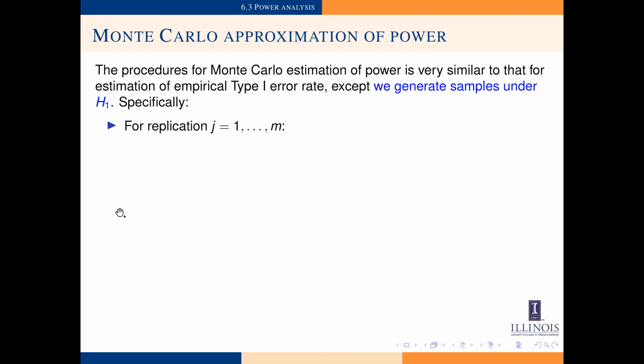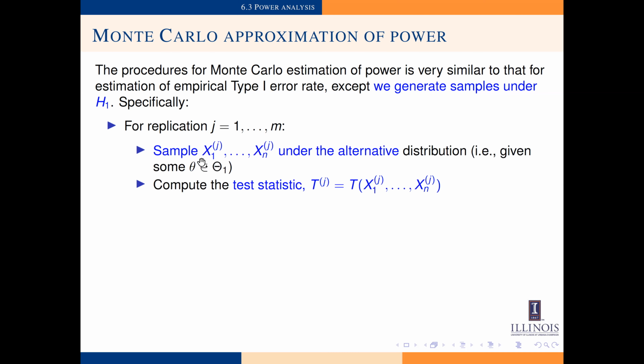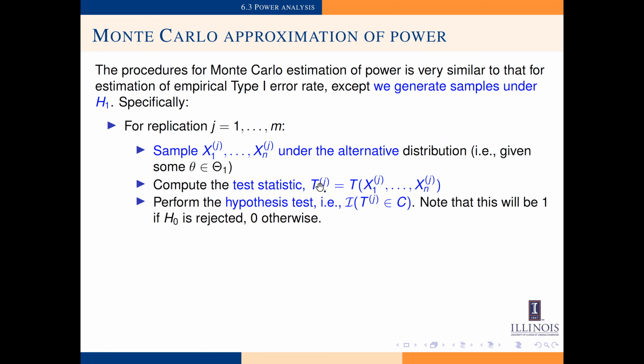So again, for replications j from 1 to m, we want to sample x1 of j all the way up to xn of j, so a sample of size n, under the alternative distribution. In other words, given some theta, the underlying parameter, that belongs to the set theta 1. Based on this random sample, we again calculate the test statistic t for the jth replication.